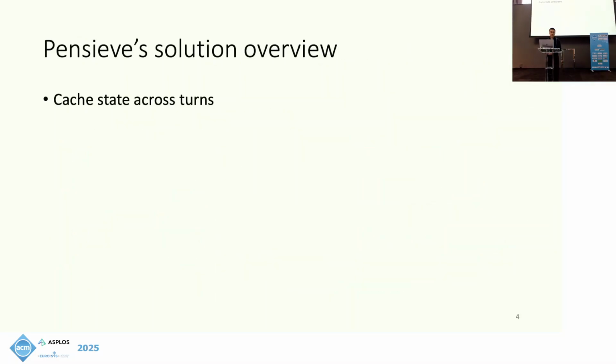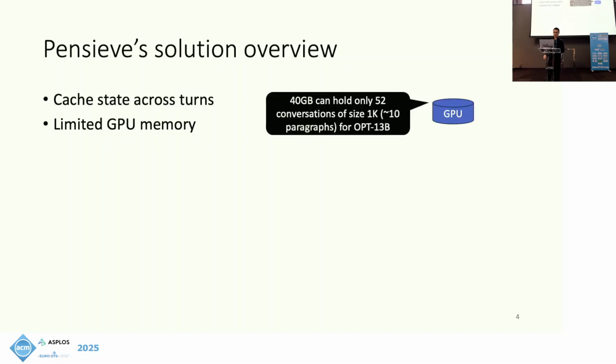Therefore, rather than discarding the cache immediately, in Pensieve we instead try to cache the KV cache, the state, across turns. But one immediate problem is we have very limited GPU memory. For example, we may only have 40 gigabytes of memory, as you have also seen in the previous presentation from Hcache. And it can only hold a very small number of conversations.